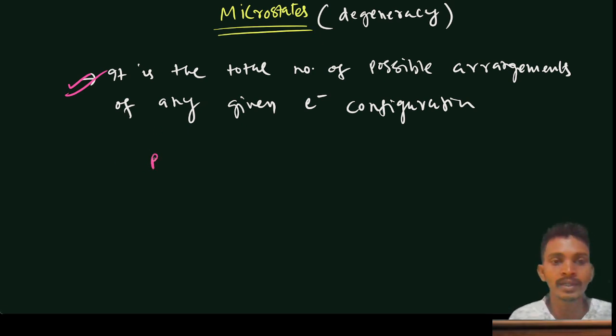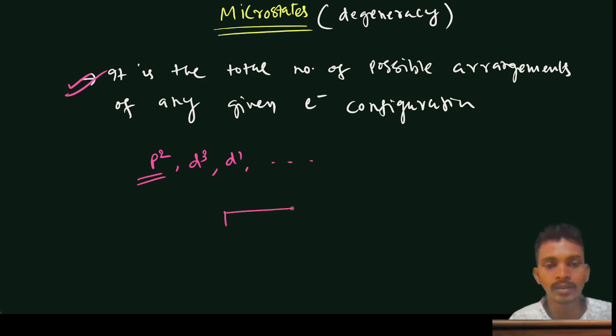Let's say we have p2, or d3, or d1, like any electrons. So if this is given, if I see that the p orbitals look like this, with 2 electrons given, I can write the electronic configuration using Hund's rule and the Aufbau principle like this.